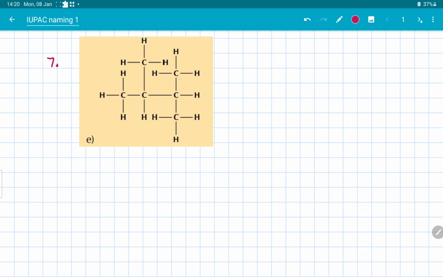Even if I start from this side, 1, 2, 3, 4, at carbon 2 and carbon 3, I have branches, which are methyls, by the way. Even if I start from this side, 1, 2, 3, 4, I still have branches at carbon 2 and carbon 3. So I can start from whichever side in the molecule. But I like to start from this side, 1, 2, 3, 4.